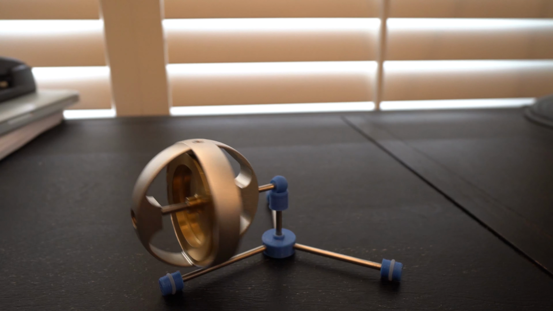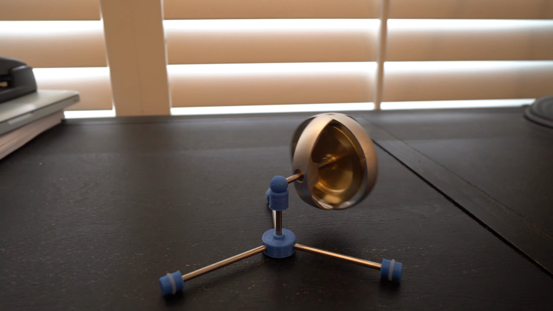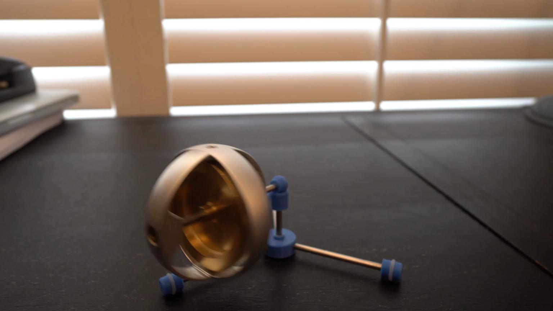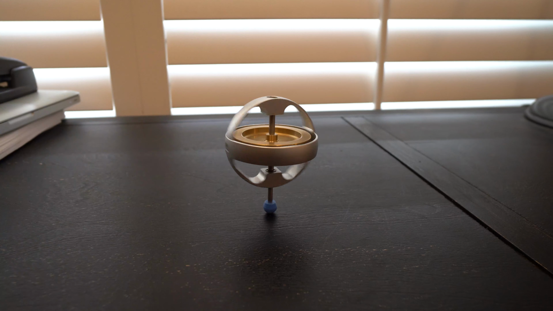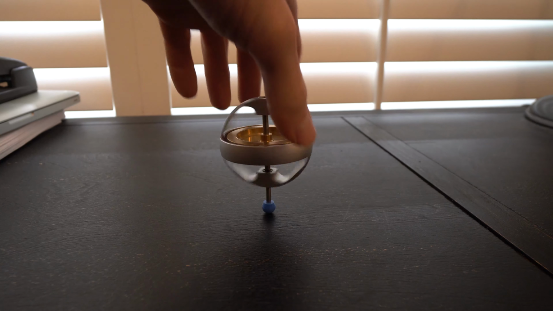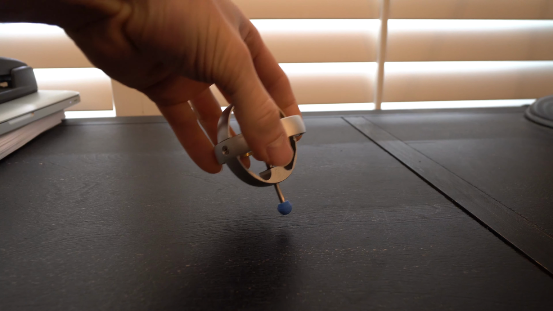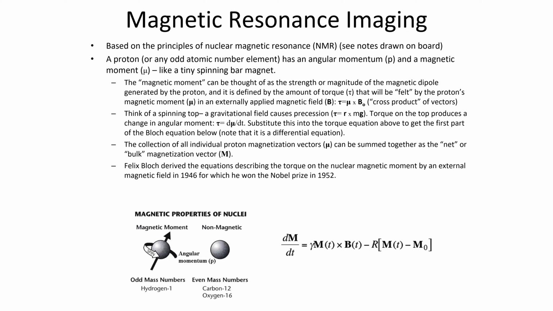And so we can substitute these torque equations to get this really cool equation called the Bloch equation. So the Bloch equation was made by Felix Bloch and Edward Purcell, two famous great physicists, and they ultimately won the Nobel Prize for this work. And they basically showed how the magnetic resonance of a proton can be explained, and it's with this nice differential equation.